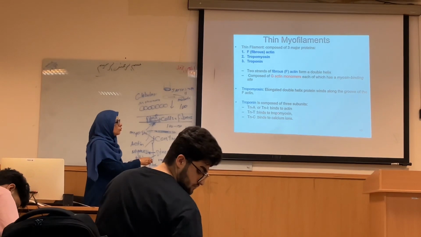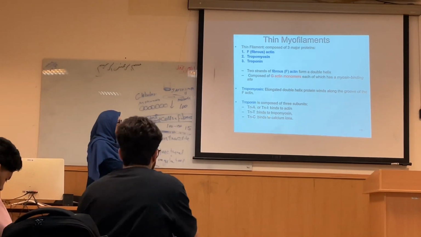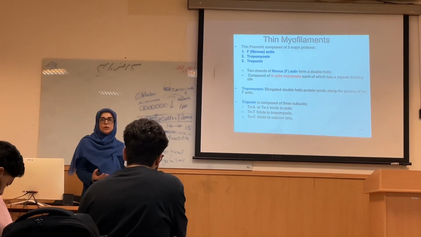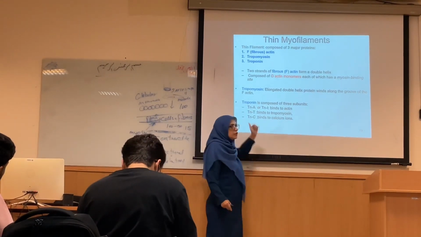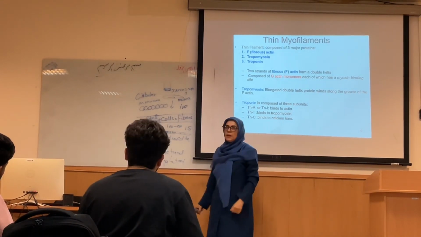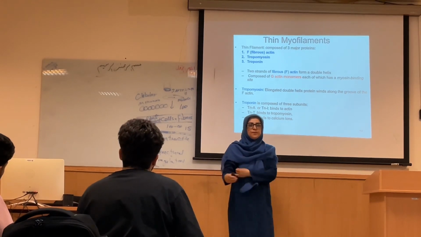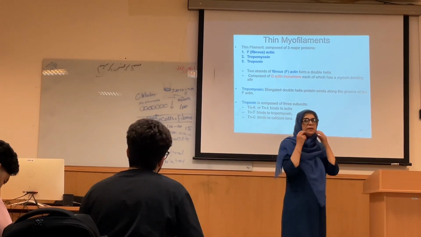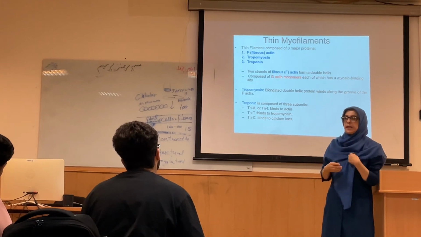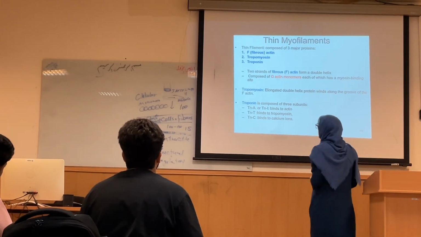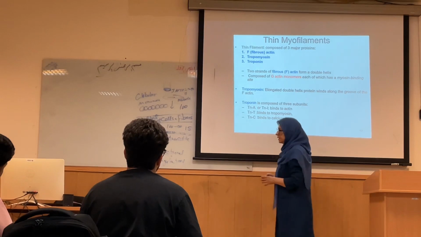TnT binds to tropomyosin and TnC binds to the calcium ion for contraction. Thus, another structural protein is troponin, which joins to the calcium ion so the thin filament can access it very easily.